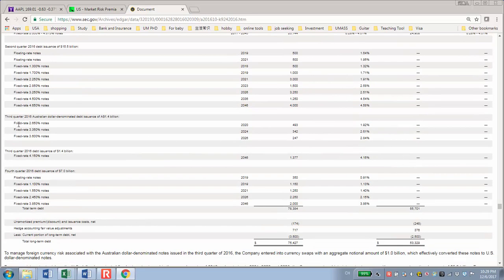I don't have time to calculate the weighted average of this cost of debt, so I just simply use the median, a number around 3%, as the cost of debt before tax.